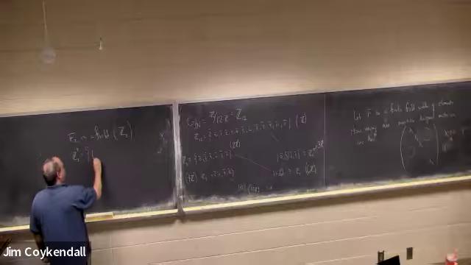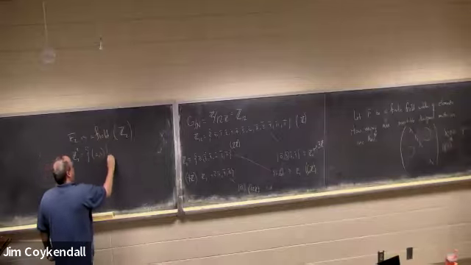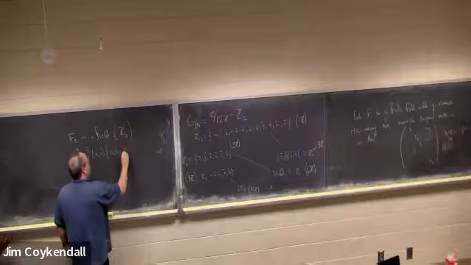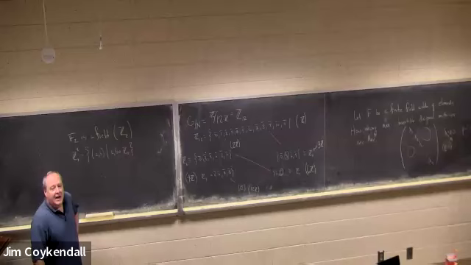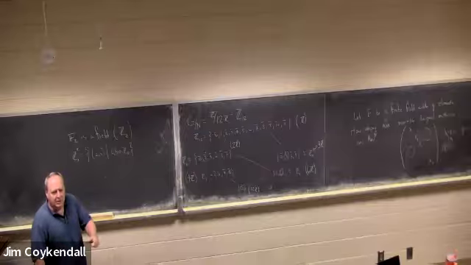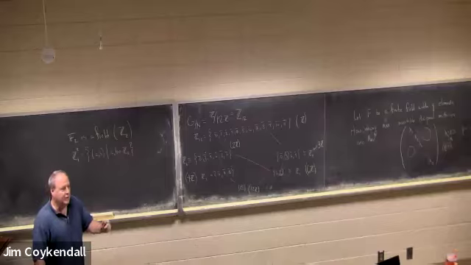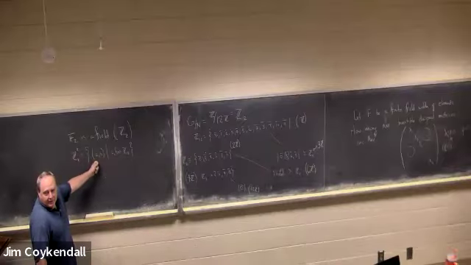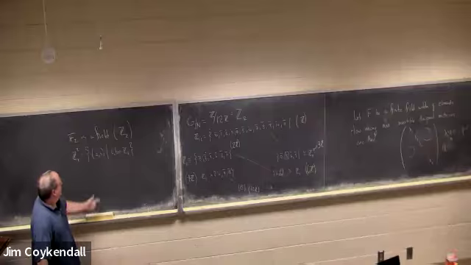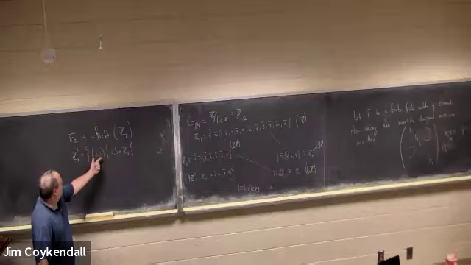This is the set of things that look like (a, b), where a and b are in Z2. This is actually a vector space over Z2, a two-dimensional vector space, because when I add two of these, I add component by component.